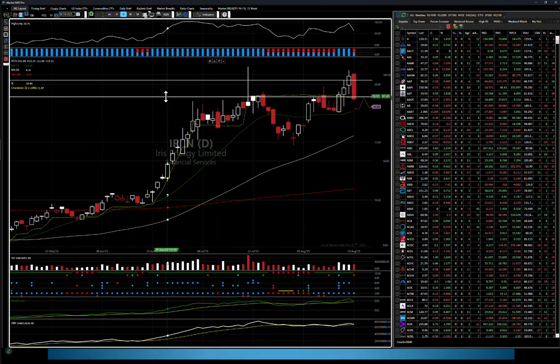Now, how do I manage my stops? The first stop that I use is a fixed stop. I decide that I'm willing to risk 4, 6, 8% on any trade. I look at the stock chart. If there's a major moving average or obvious support, those are great places to put a stop underneath.